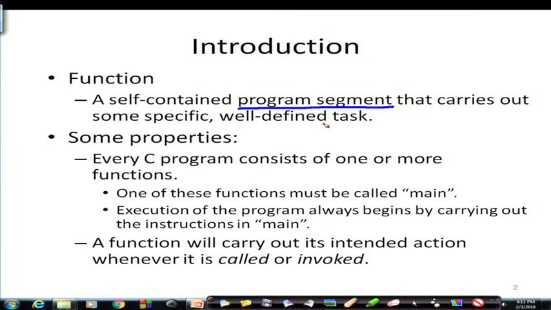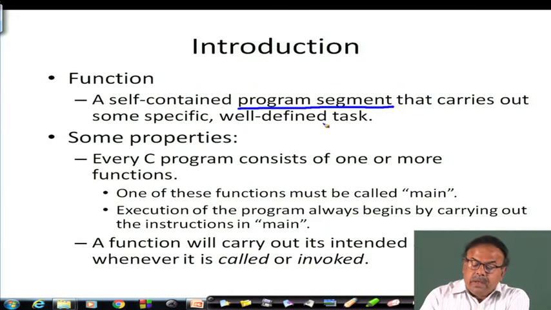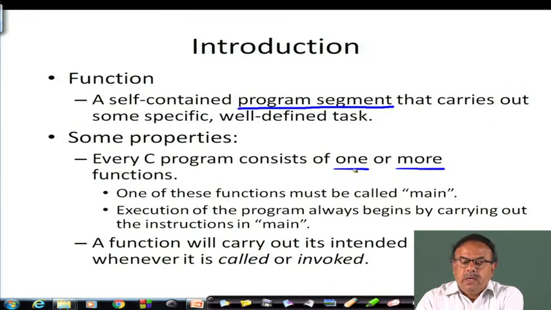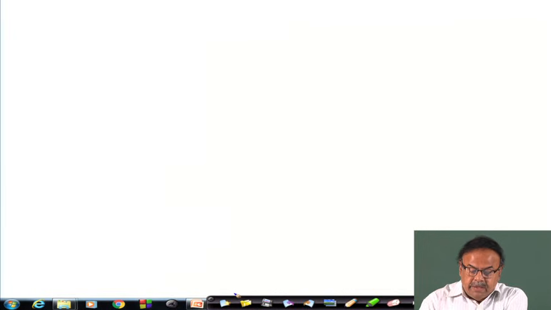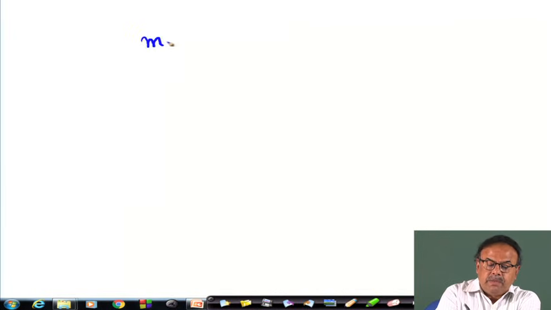Now, in C, any C program can consist of one or more functions, at least one should be there. Why? Because we always need the main, right. We have seen that we need main. Any C program must have a main, and main is nothing but a function.